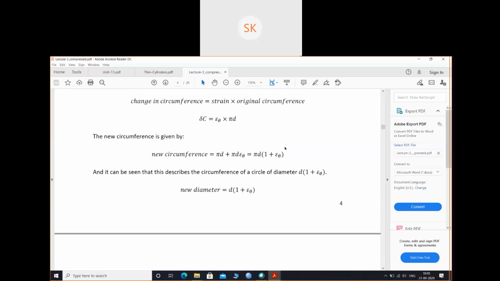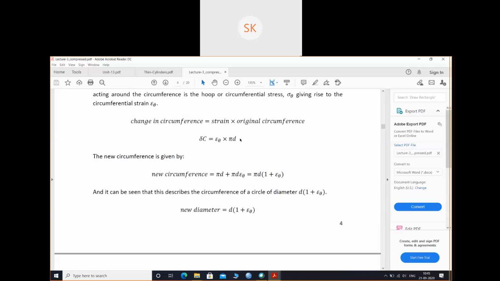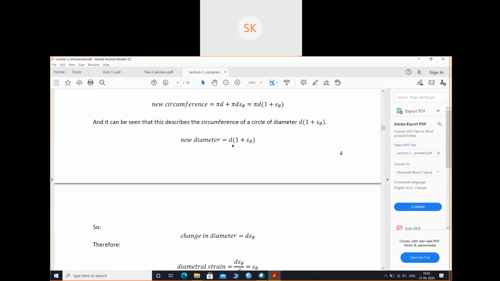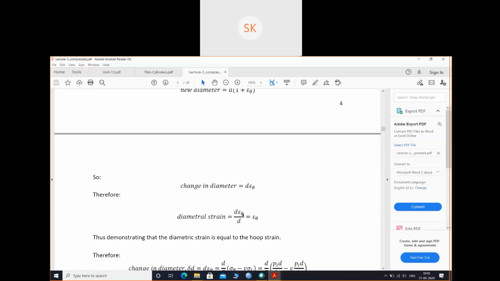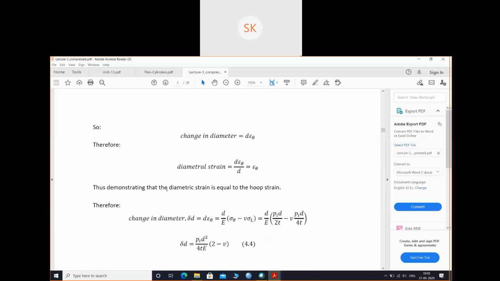Just like here, the new circumference was pi d (1 plus e theta) and the original was only pi d, so there is a difference of e theta. The circumference and diameter behave the same way: d (1 plus e theta) and d e theta. So the strain, change in diameter by original diameter, is nothing but e theta, demonstrating that the diametral strain is equal to the hoop strain.